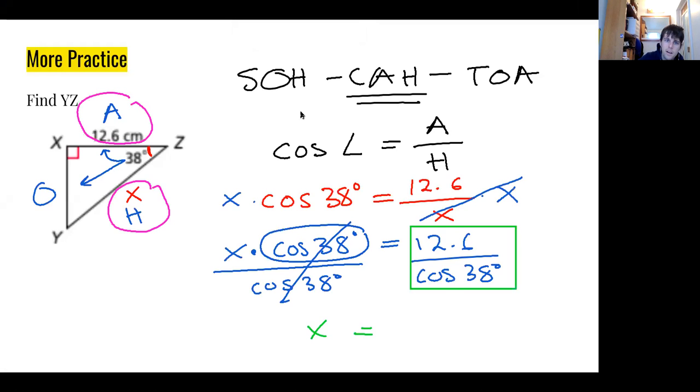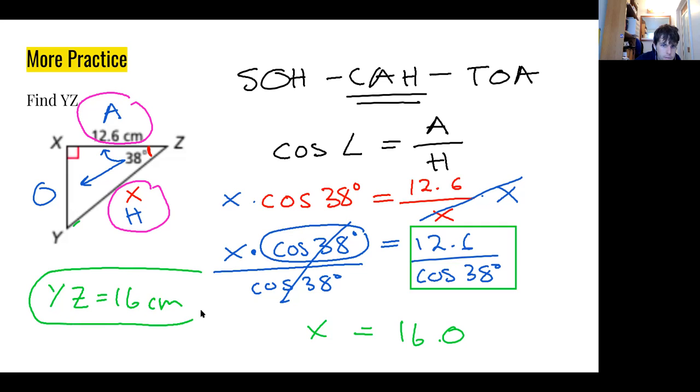Let's go ahead and bring back our calculations. X is equal to 16.0. So in this case, our side length we are looking for, YZ, equals 16 centimeters. There we go. It's not too complicated. These equations are not really that difficult to do. There's a few really important things to keep in mind, along with a pretty set process you can follow.